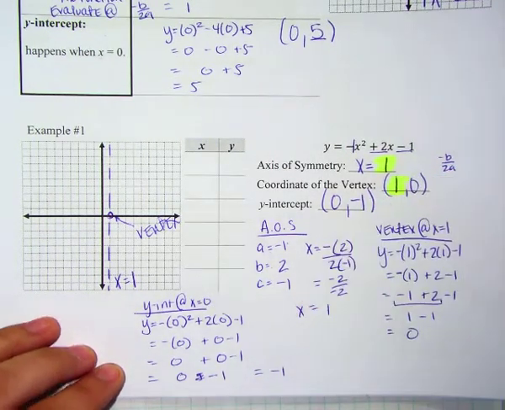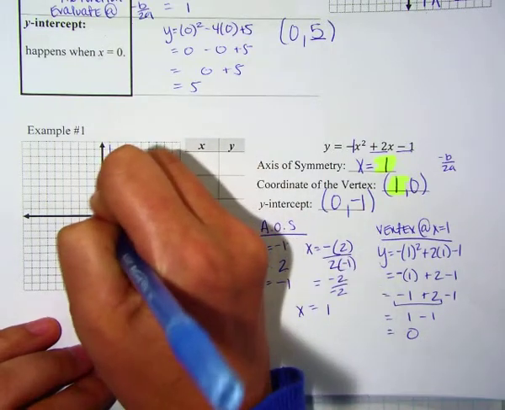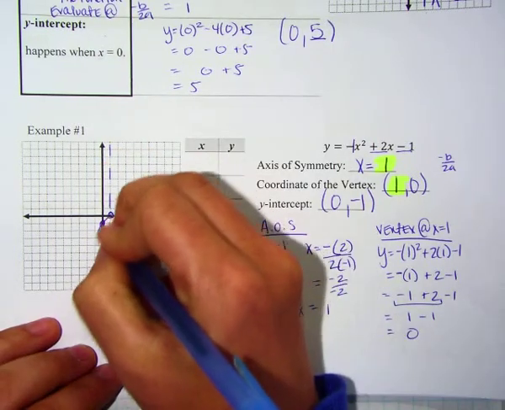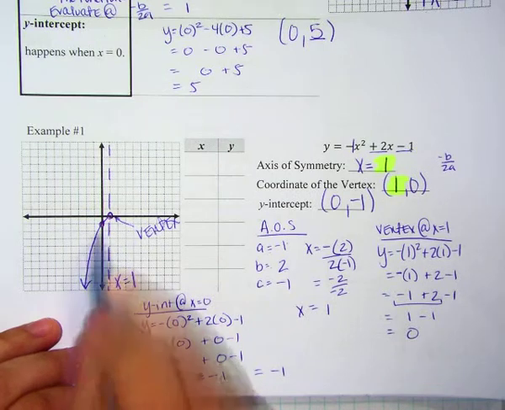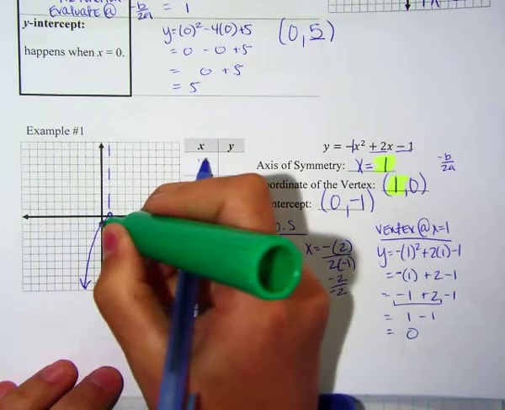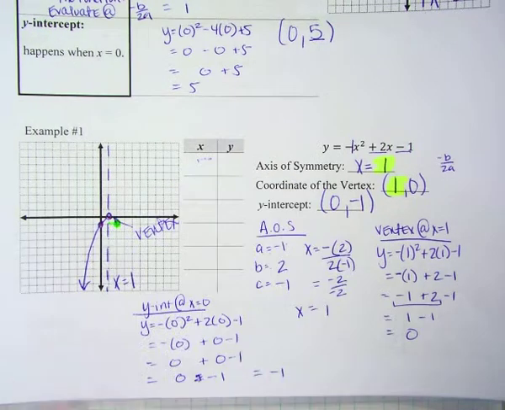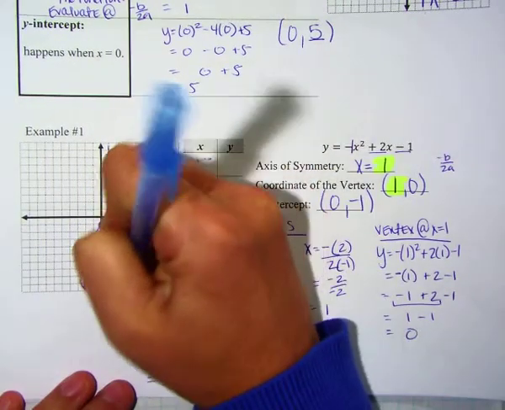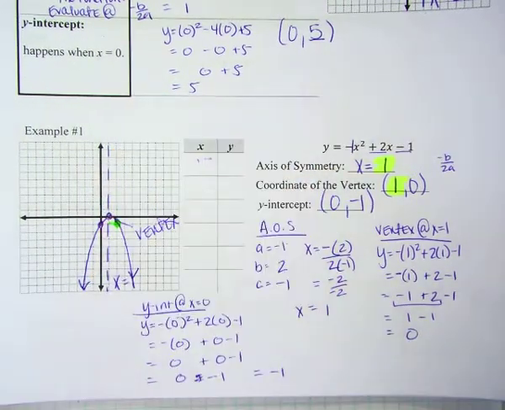The y-intercept is 0, negative 1. So we know our graph goes from the vertex and towards the point. It's symmetric, so if it's 1 unit away, it's going to be 1 unit away on the other side. And there is our graph.